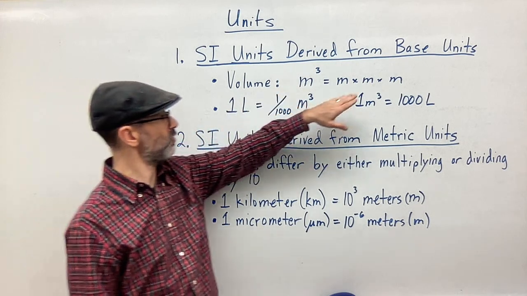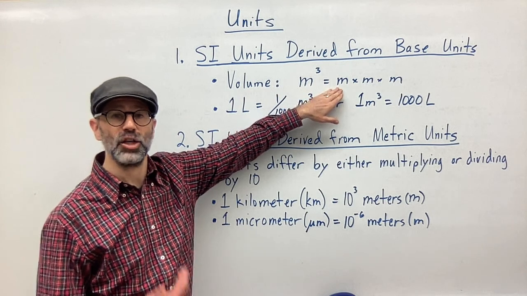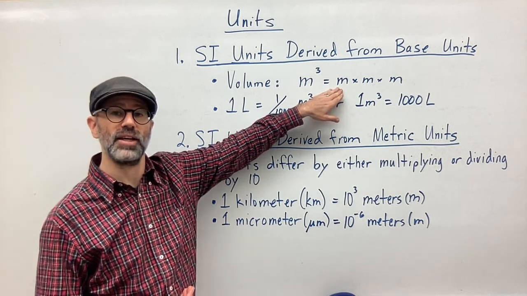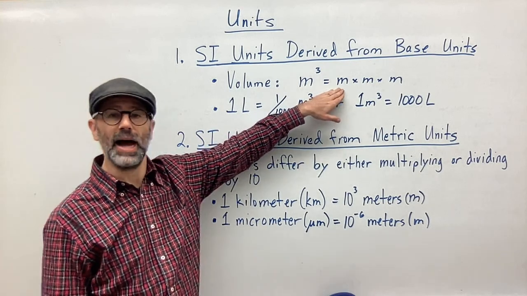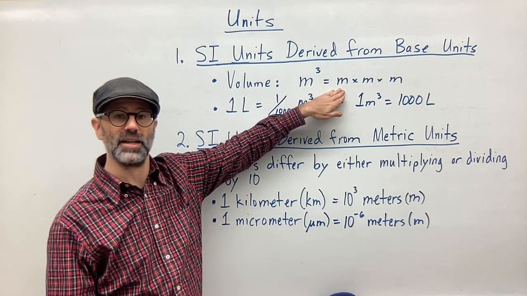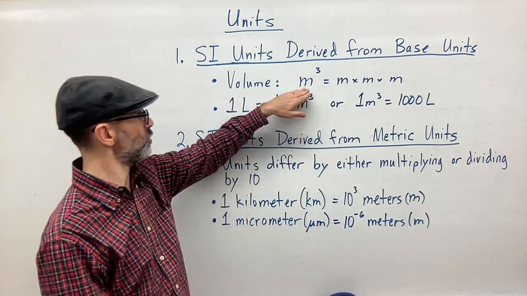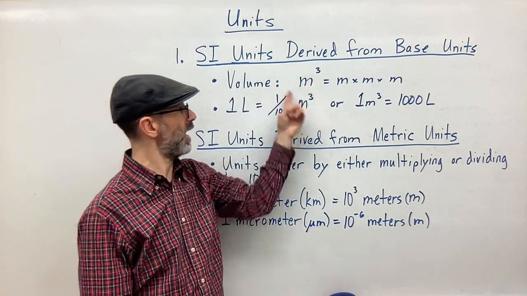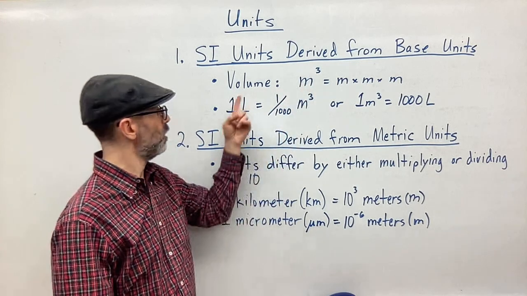Meter is a unit of length, the SI base unit for length. If I take the length, I can measure the volume of something by measuring its height, width, and depth, and multiply those together, and I get meters cubed. And so I can use that as the derived unit for volume.